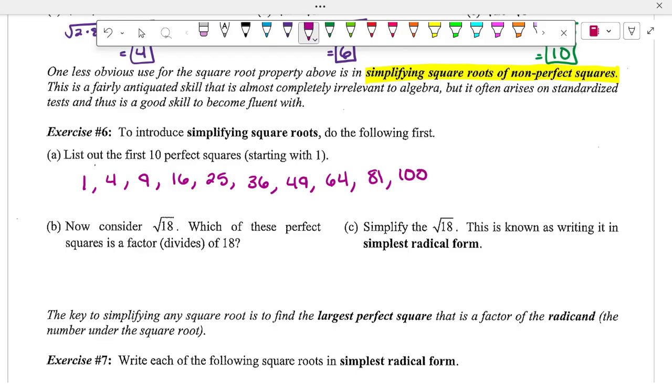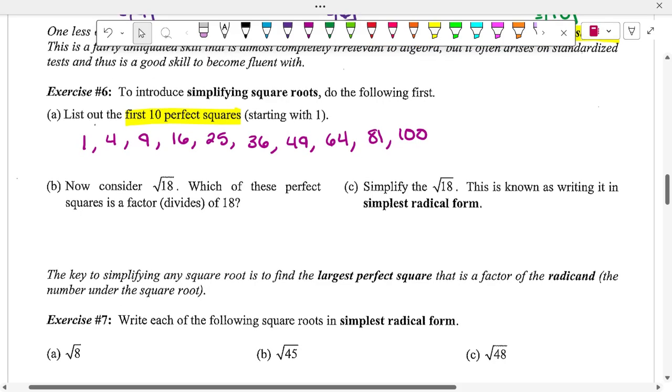That's the first 10. They just want the first 10, so that's what we listed. Now remember, I want you guys to know the first 20. At the very least, you need to know 1 through 15.